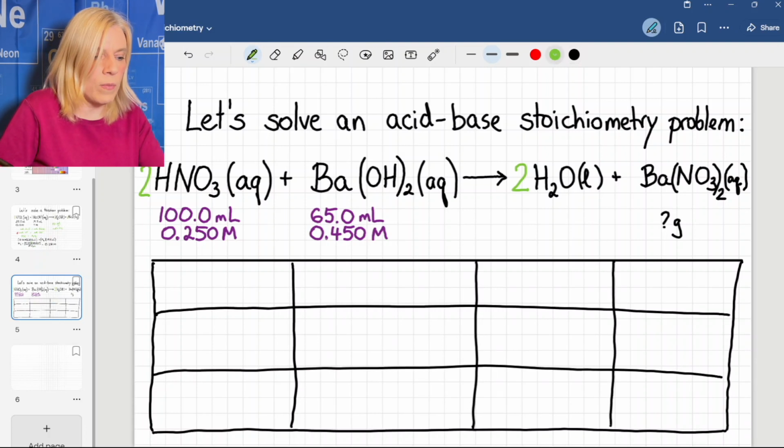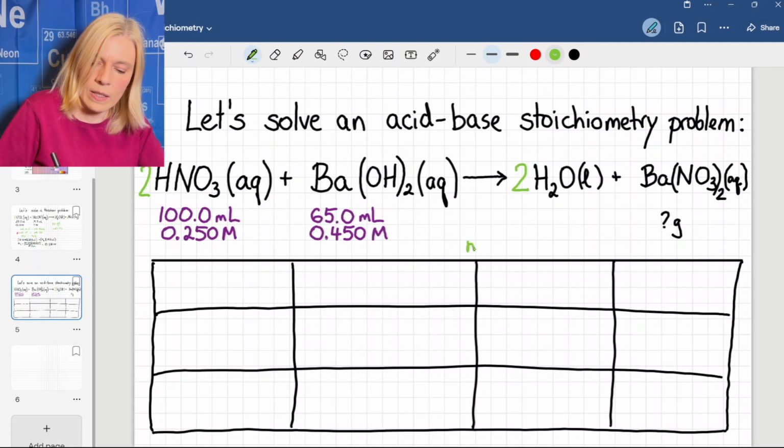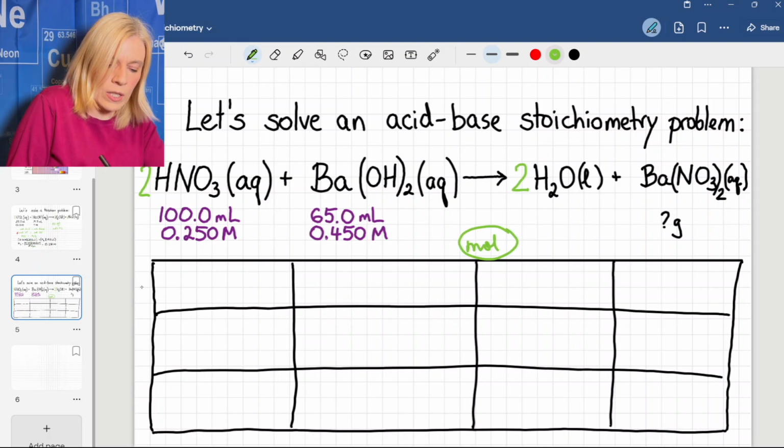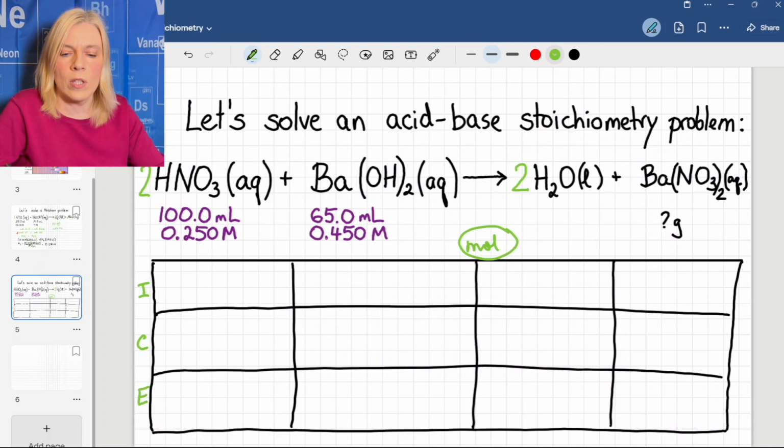Moles go into my table. So I write my reaction, and I write my initial, change, and the end, just like a solution stoichiometry problem.